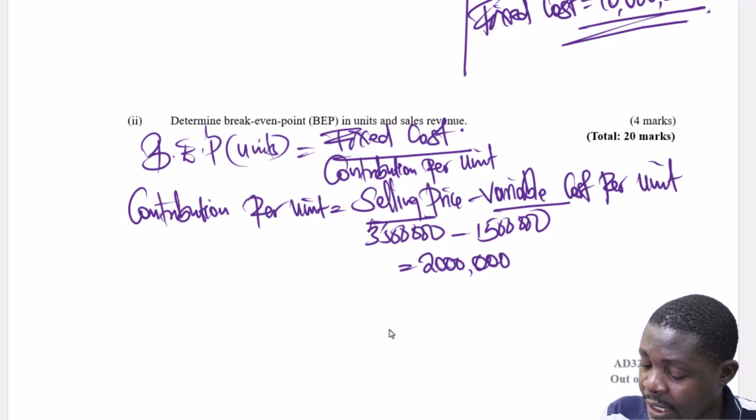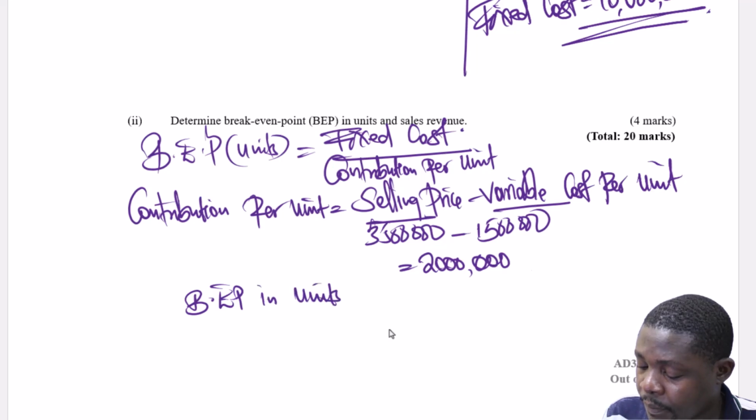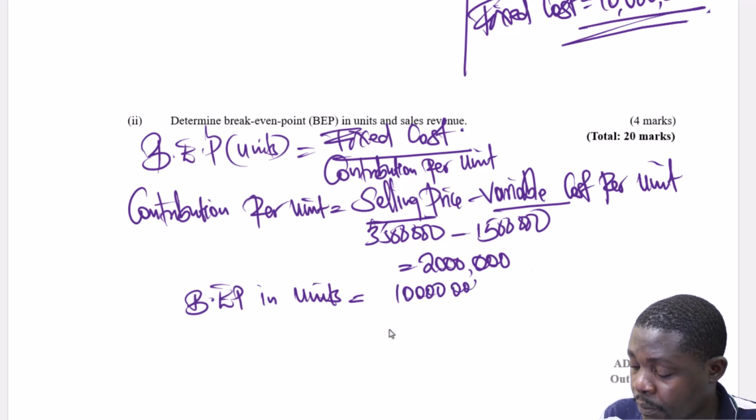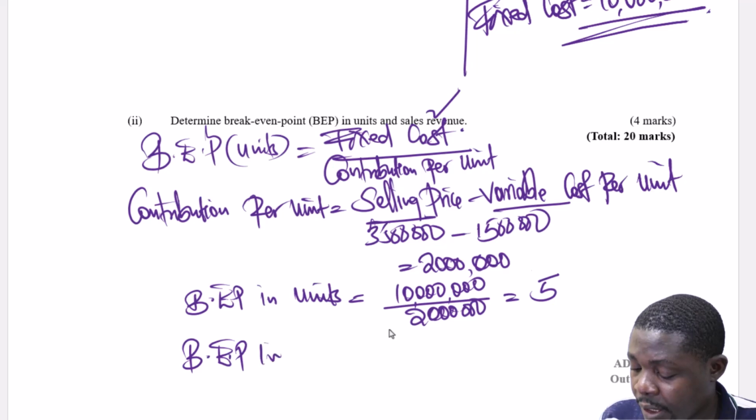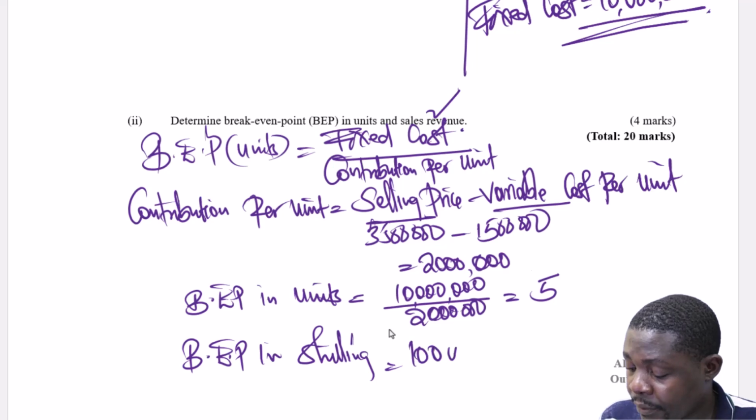Now to get a break-even point BP in units is going to be the fixed cost, which we had 10 million. We divide by 2 million. You get 5. Then the break-even point in sales revenue. In this case we take the break-even point in shillings, is going to be 10 million over 2 million.